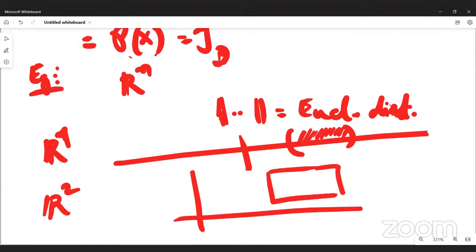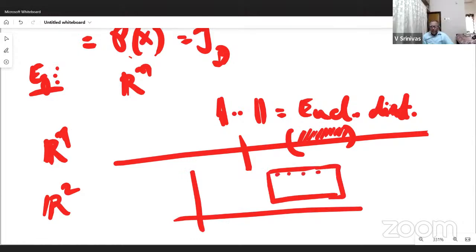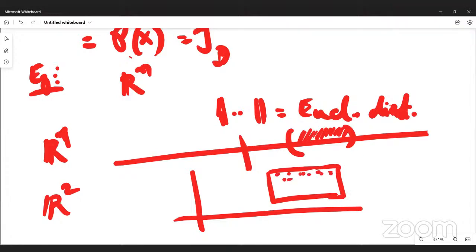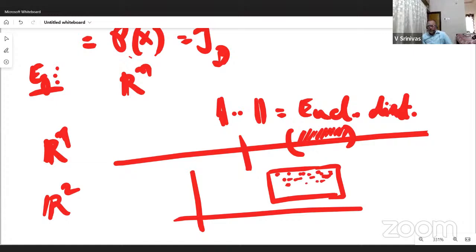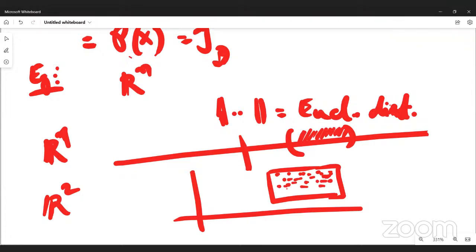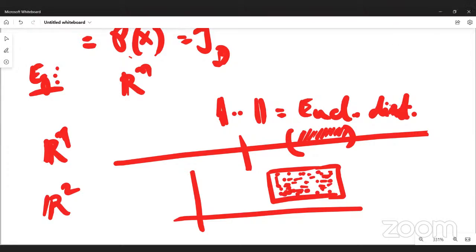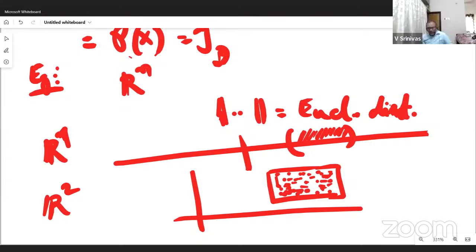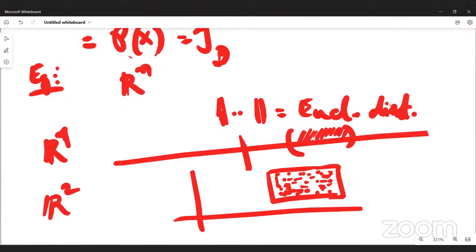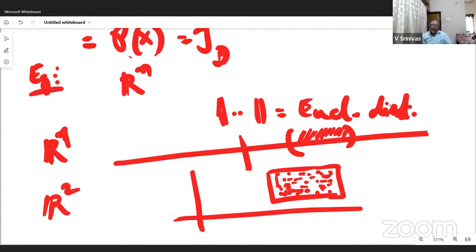Open rectangle means you take points inside a rectangle, and I am not taking points on the perimeter. These points form an open rectangle, and that open rectangle can be shown to be an open set. Similarly, you can talk of open square and so on.